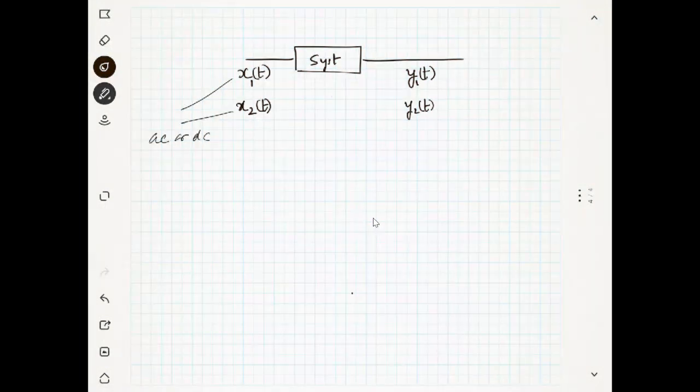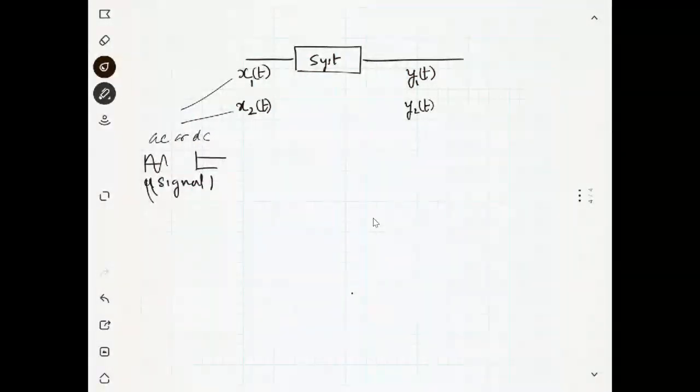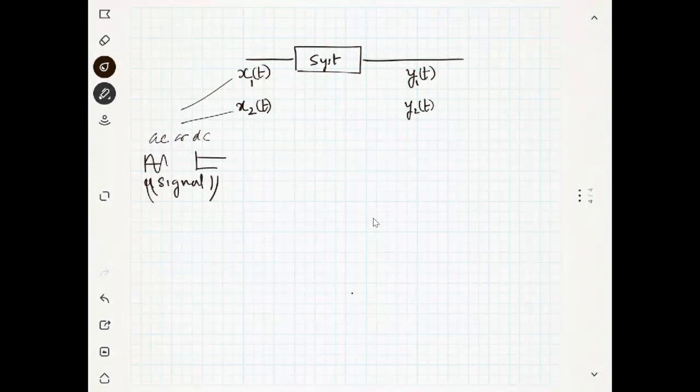It can be a DC voltage, or an AC voltage. Input doesn't matter. It is a property of the system, not the signal. This is the signal actually, but we are talking about the property of the system.